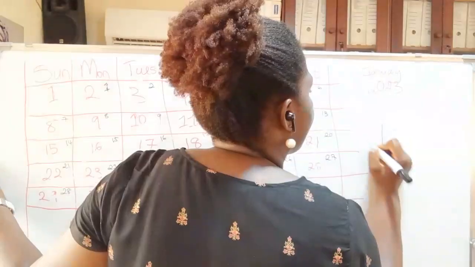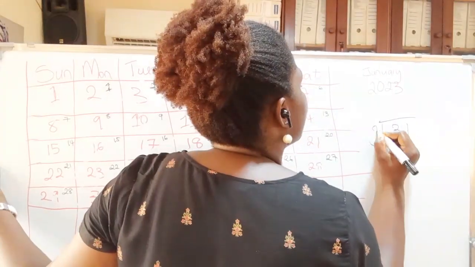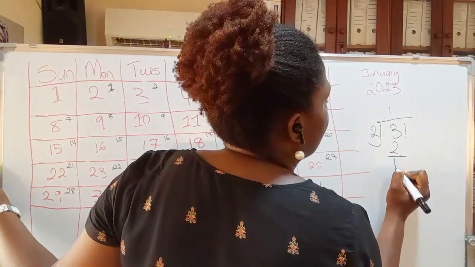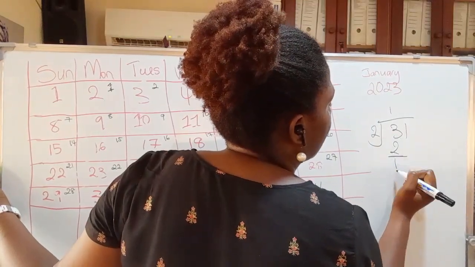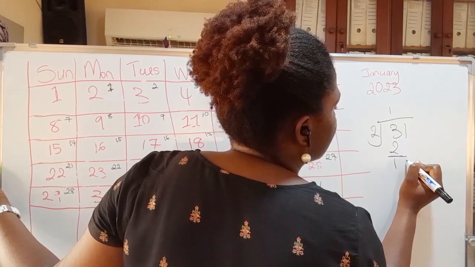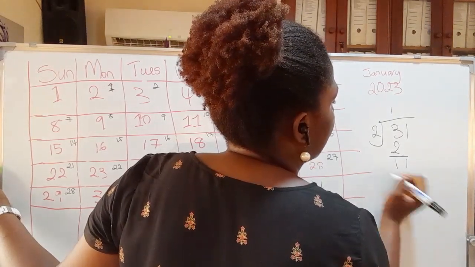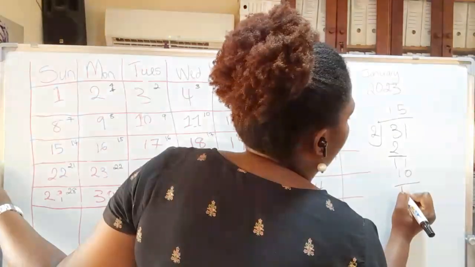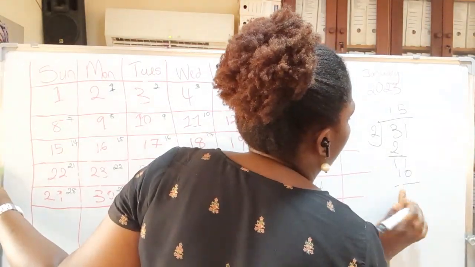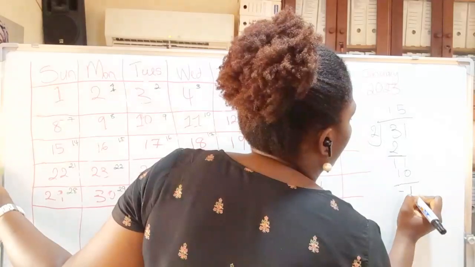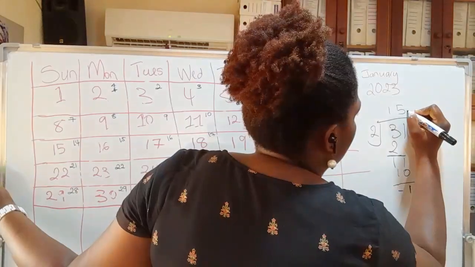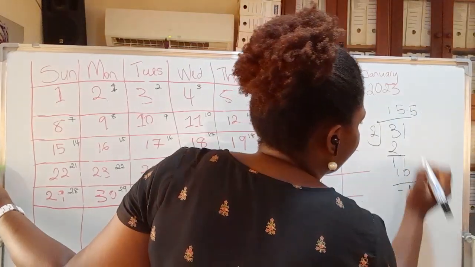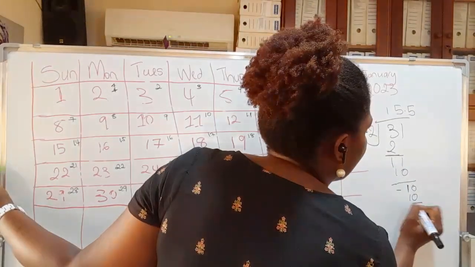Let me do it here. 31 divided by 2. 2 into 3 is 1, you bring down the 1, 2 into 11 is 5, remainder 1, add a zero, 2 into 10 is 5.